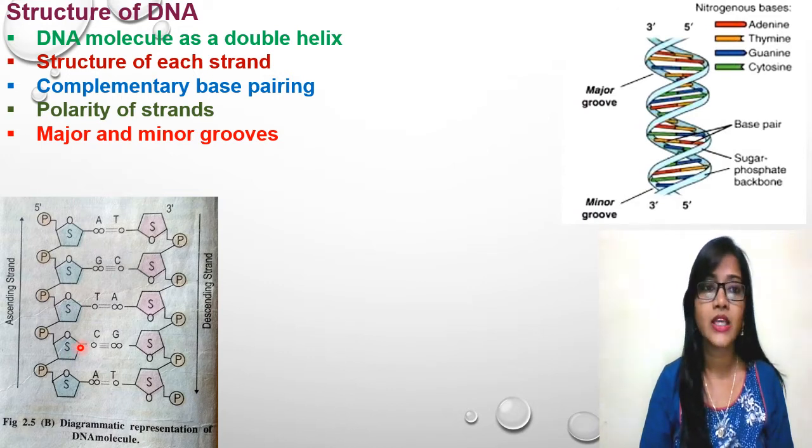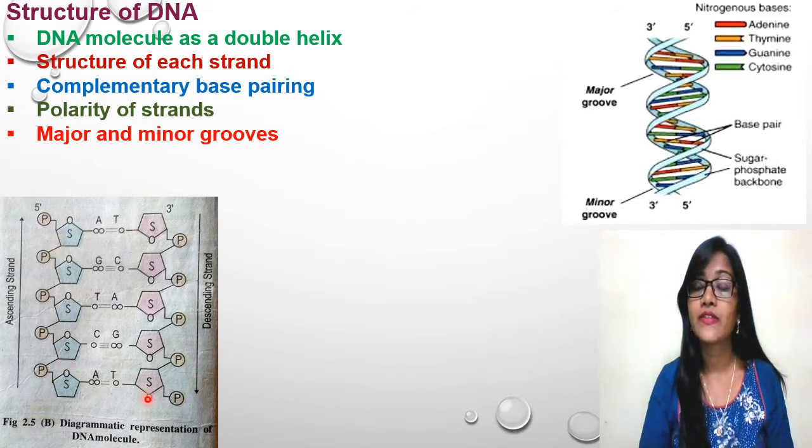Are you getting that? This is one strand of DNA, and that strand is the ascending strand. Now this ascending strand is paired with another strand of the DNA, and that other strand is the descending strand. The ascending and descending strands are paired by this chemical bonding.